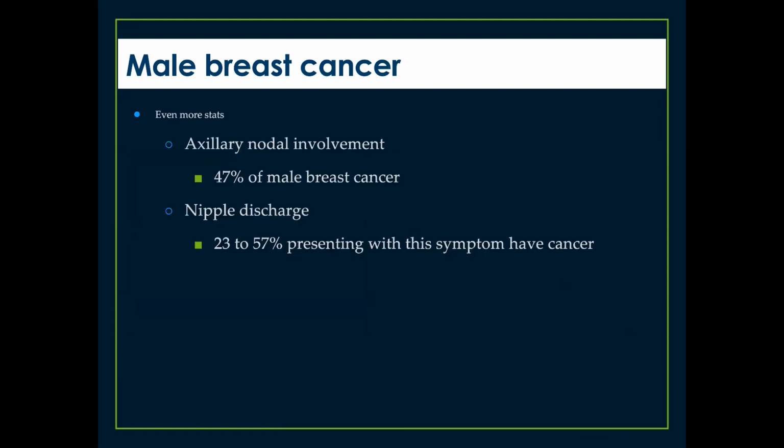Unfortunately, nearly 50% of patients with male breast cancer will have axillary nodal involvement. And a very suspicious sign clinically would be if the patient presented with a nipple discharge. Upwards of 50% of patients presenting with this symptom have male breast cancer.